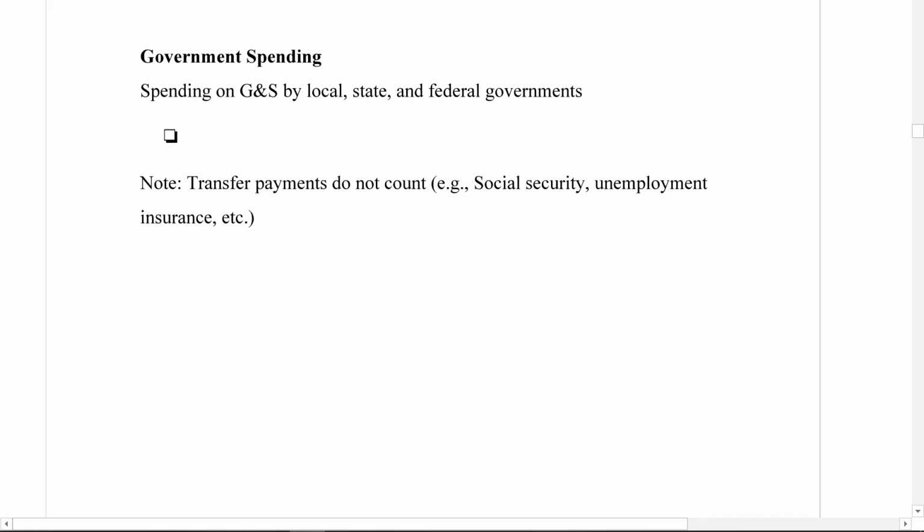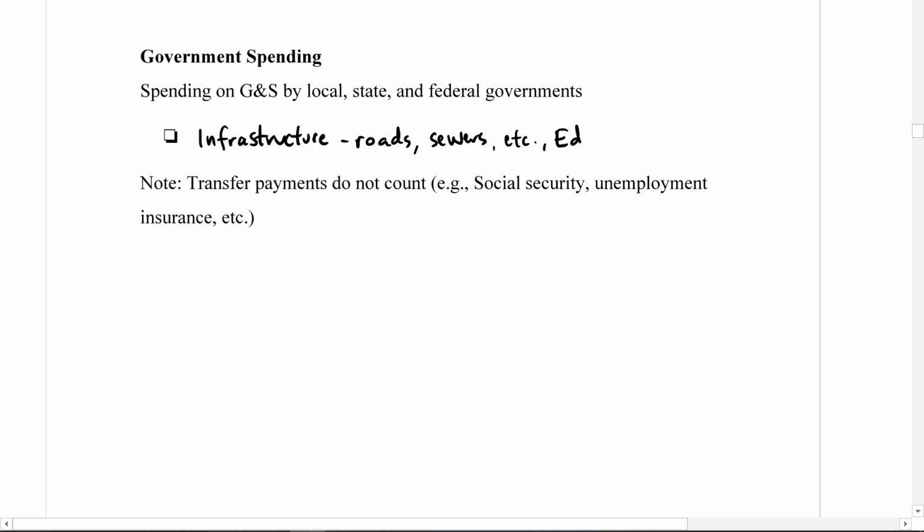G is government spending. And a lot of the same stuff here, but now it's just spending by the government, whether it's the local government, state, or federal government. Any spending that they're doing, this gets counted in government. So some big ones would be infrastructure. Here we're thinking about roads, sewers, etc. Number of bridges, number of infrastructure type projects that governments are funding.